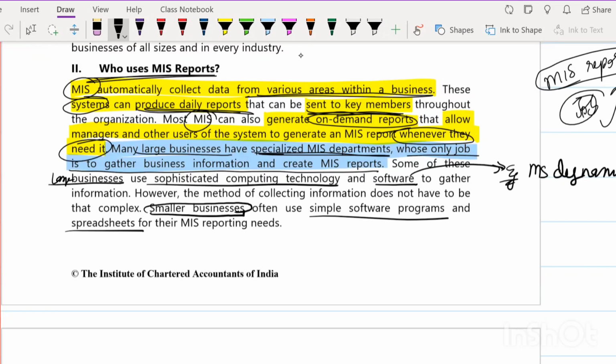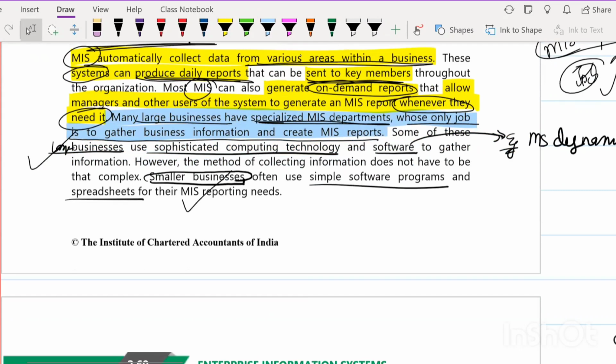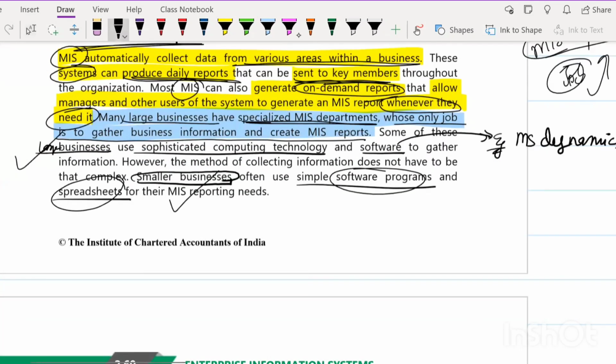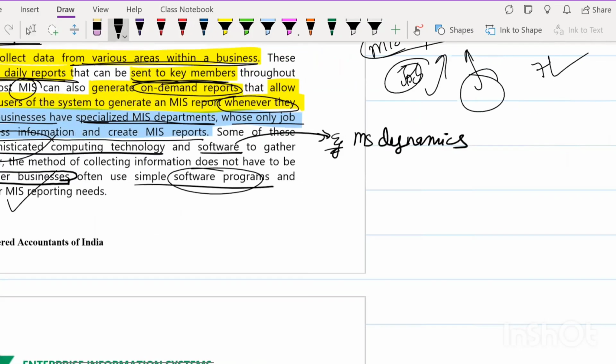Here there are 2 kinds of businesses: small businesses and large businesses. Both would need reports to take informed decisions. Small businesses usually use simple software programs, like Excel and spreadsheets, to make these reports, whereas large businesses use sophisticated computing technology and software.